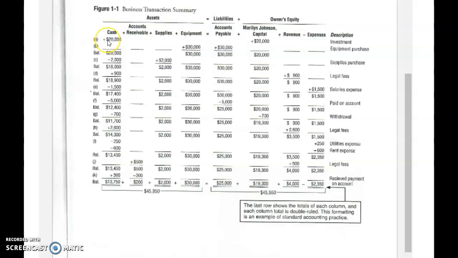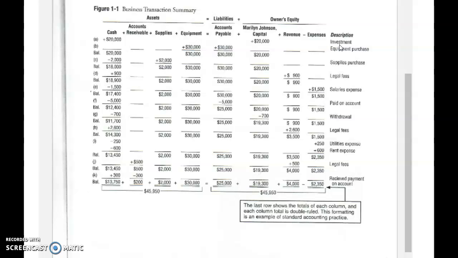So you see that increases cash because she put $20,000 in, and it also increases her capital. Now, it doesn't impact any of the other accounts here because it was just that one transaction. And you will only enter numbers into what the transaction is. Since that is our very first transaction, we don't have a balance after that one.